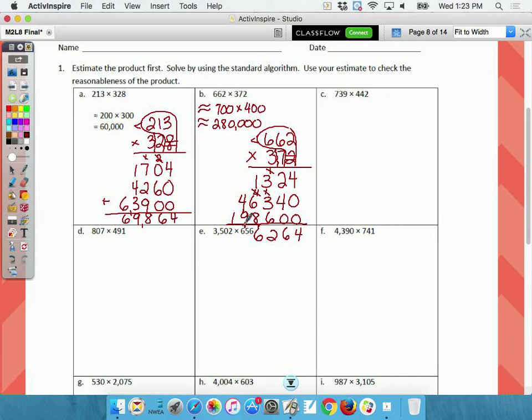This what you got? This does not look right. With 3 plus 3 plus 6, that should be a 5. That should be a... Yeah, I got that. 6 plus 6 is 12. I think my partial products are wrong. Okay, let's look.